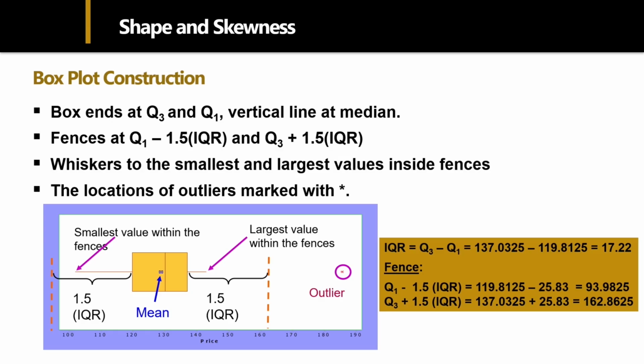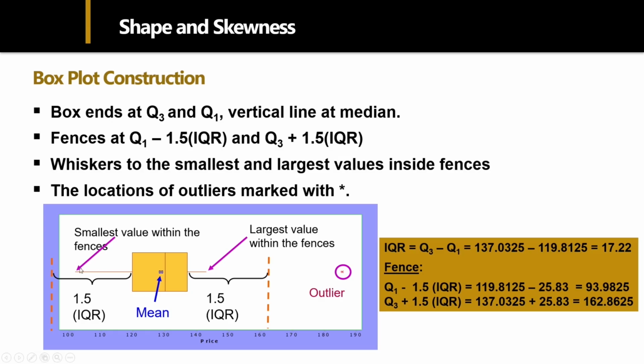So by definition, half of the values are found in the box itself. Notice that the mean is a little less than the median right here. We have the IQR, the interquartile range. And I want to define an outlier as any value that is outside 1.5 IQRs, or interquartile range values, away from the box.